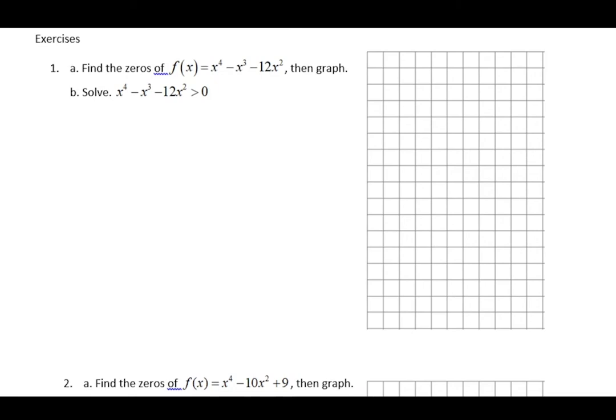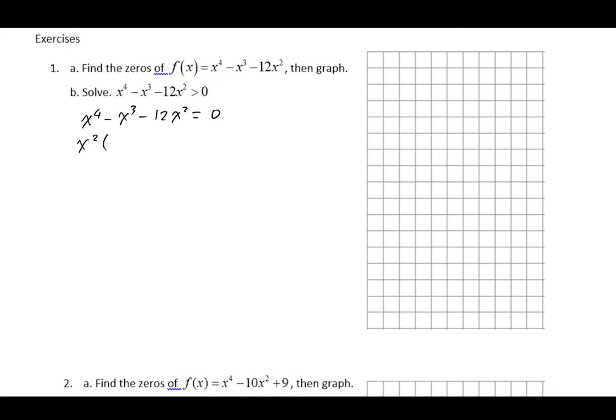Okay, we are back, and hopefully you have figured this out. Let's first find the zeros. So x to the 4th minus x cubed minus 12x squared is equal to 0. This is slightly different from what we had before. In all factoring, you should look for common factors first, and it looks like x squared is our common factor.